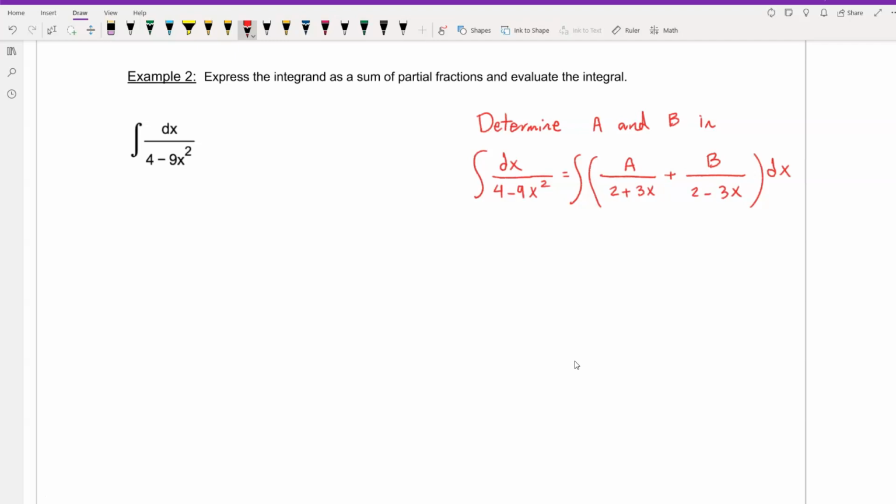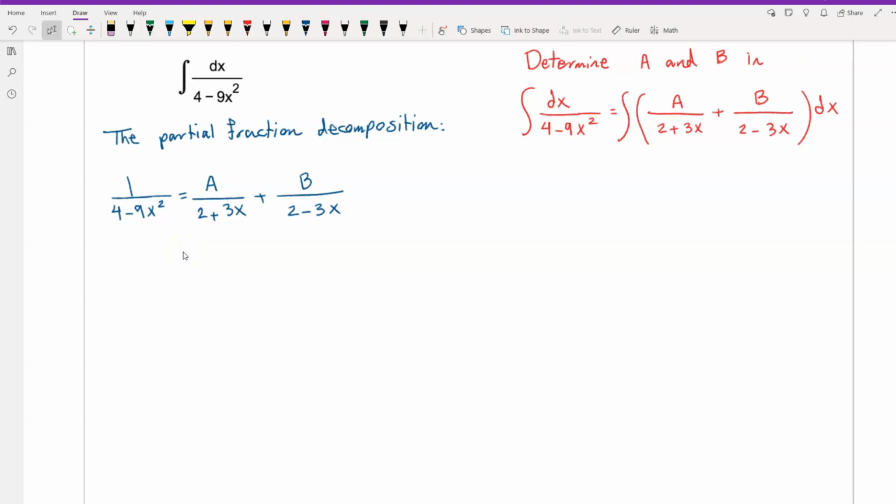So this is equal to the integral of a divided by 2 plus 3x plus b divided by 2 minus 3x, times dx. So now the partial fraction decomposition, 1 over 4 minus 9x squared, is equal to a divided by 2 plus 3x plus b over 2 minus 3x. So the LCD is 2 plus 3x times 2 minus 3x.